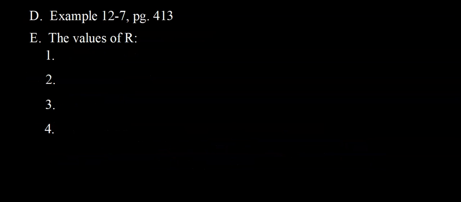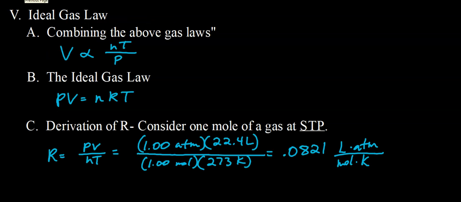So example 12.7 on page 413 shows how you can derive another value of R. This time if the units are joules per mole Kelvin, also kilopascal cubic decimeters, which is the same thing as a liter per mole Kelvin. And in fact, let's go ahead and do this. I'm going to go back and I want you to derive the other values for R. So the only thing that's going to change is the pressure.